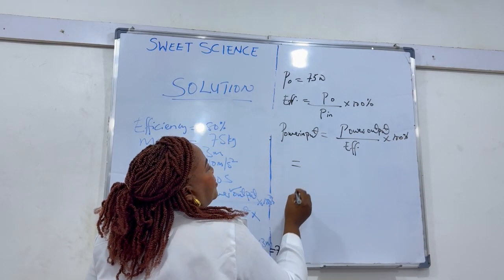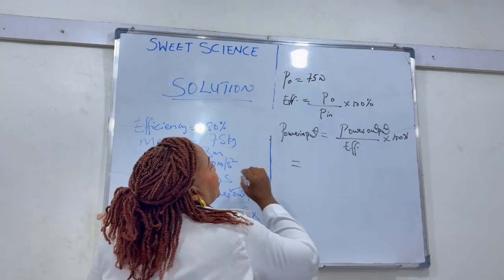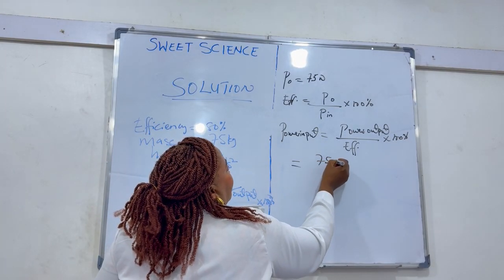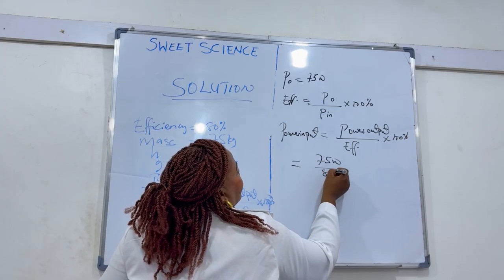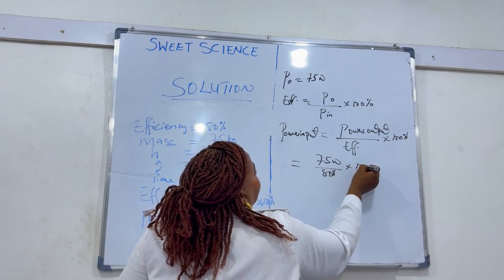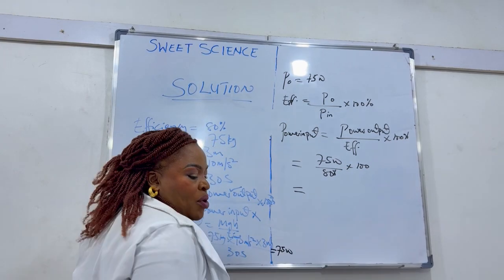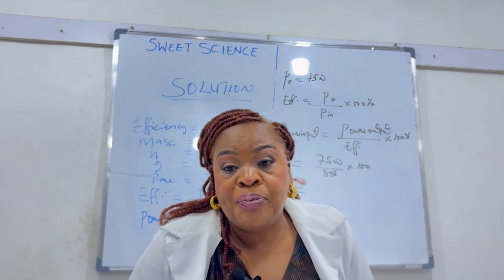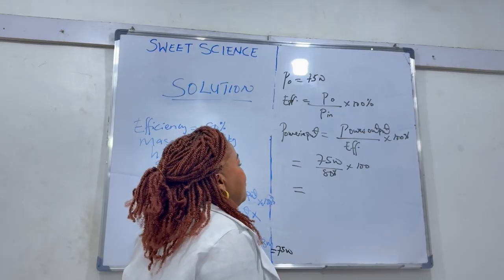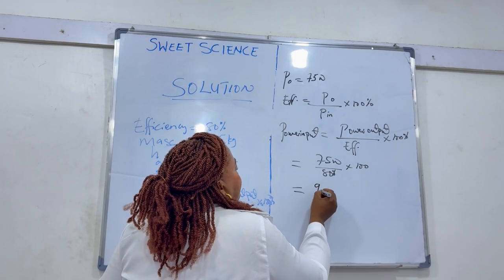We can now substitute. Our power output is 75 watts all over 80 times 100. And then when we calculate, it will now give you 93.75 watts.